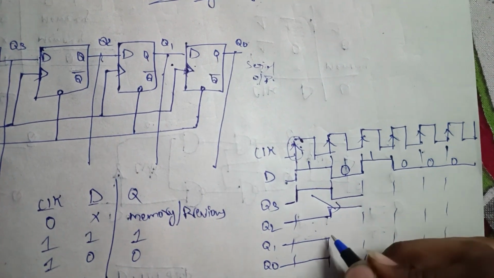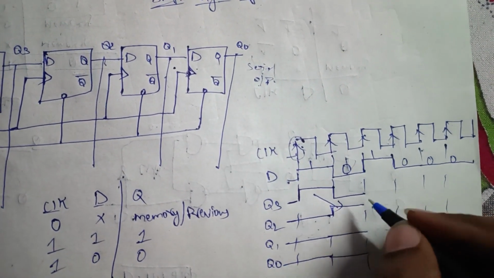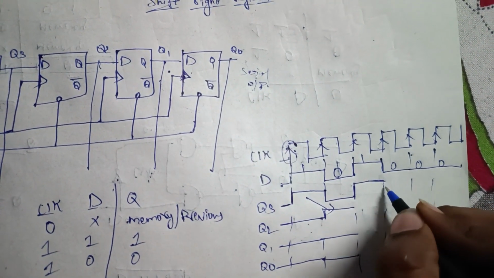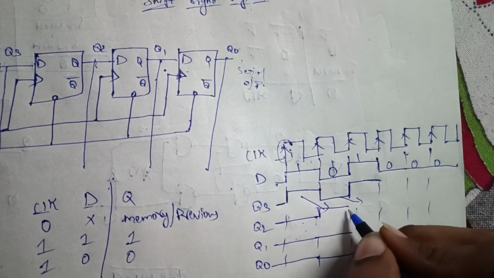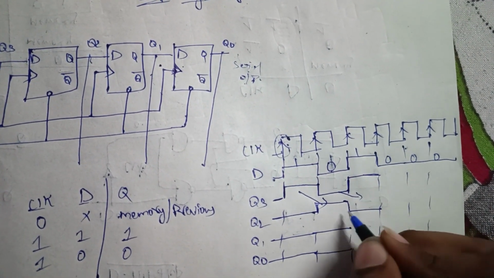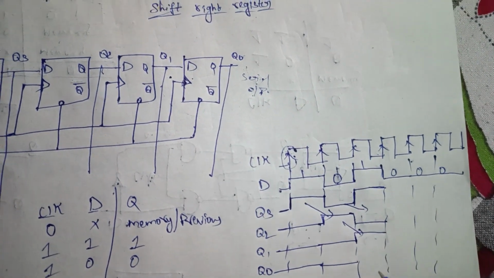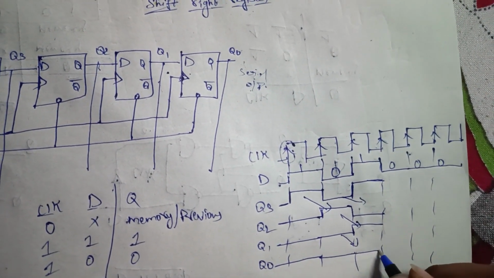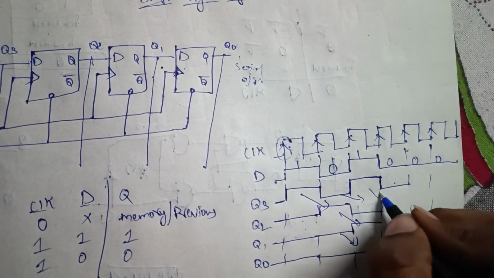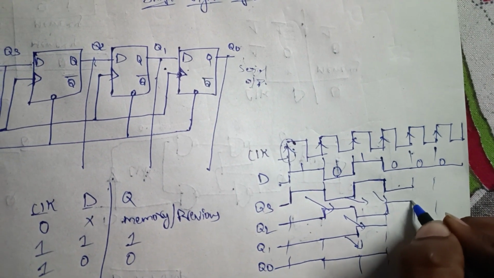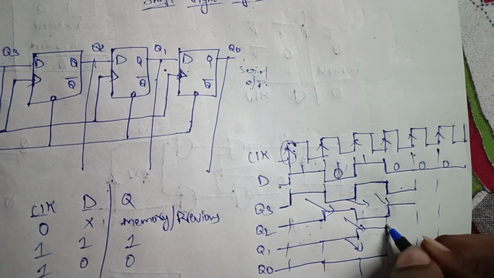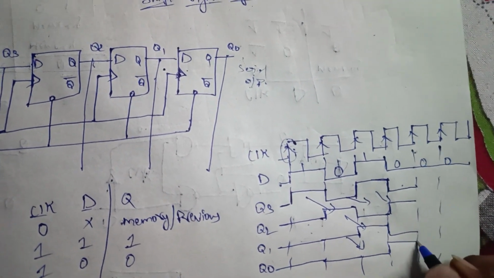So here 1, and the others continue. On the next clock cycle the input is 1, so this state will be shifted onward, Q3 is 1, and the earlier states shift to the next positions. Next, this state is shifted here, and the pattern continues.